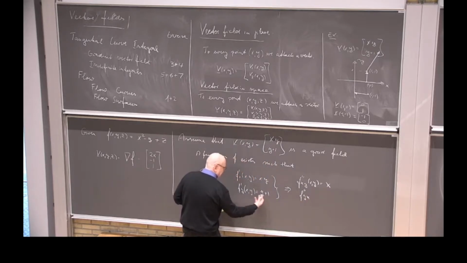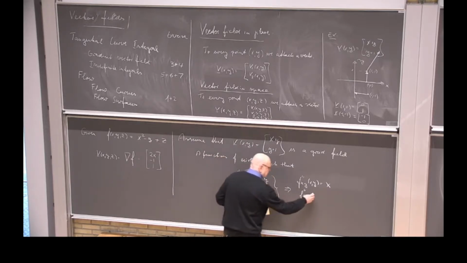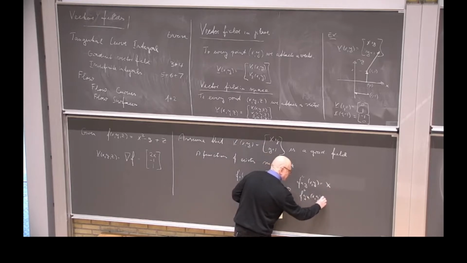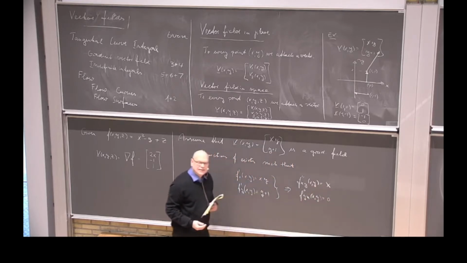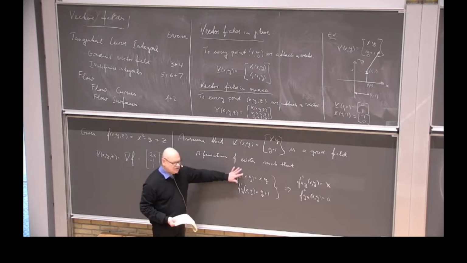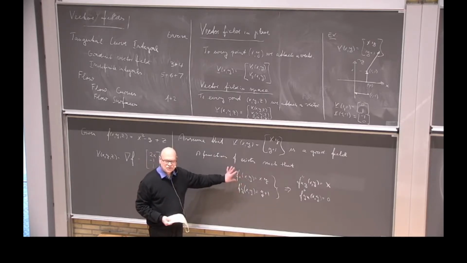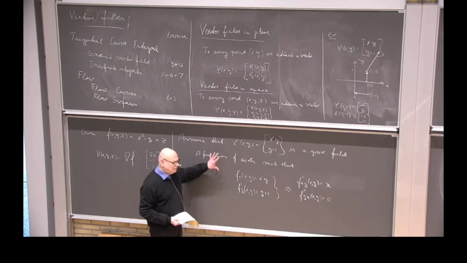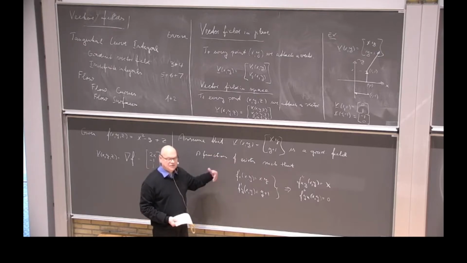If you differentiate the other one with respect to x, you get 0. And clearly they are different. So you cannot find an f such that these two equations are fulfilled. So it is not every vector field that is a gradient field. But we will find out how to actually find the function f if it is a gradient field.